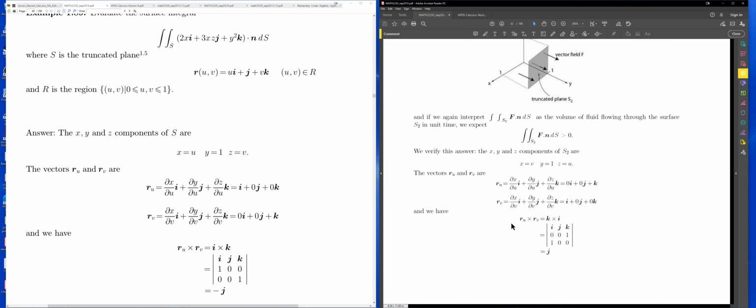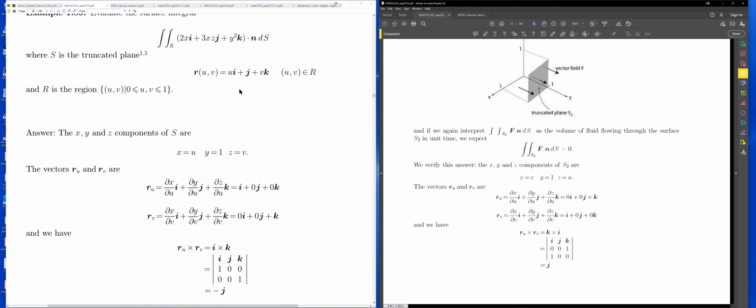So while these two parametrizations describe the same set, in this case, the truncated plane, the orientation is not going to be in the direction of minus j. The direction is in fact going to be in your positive y direction over here.